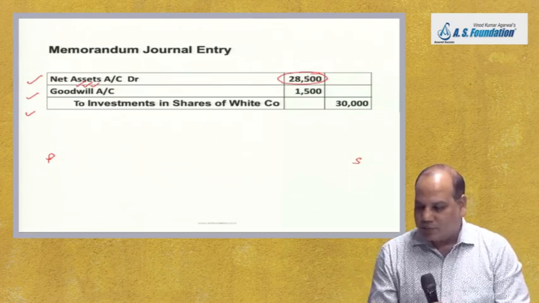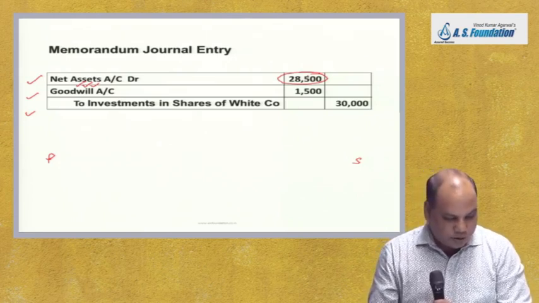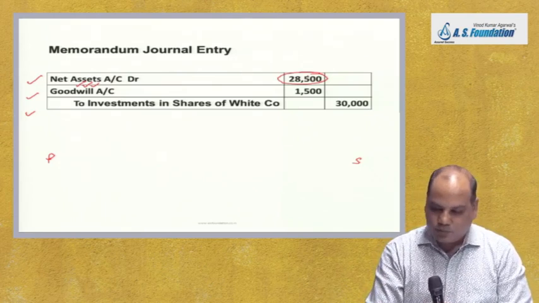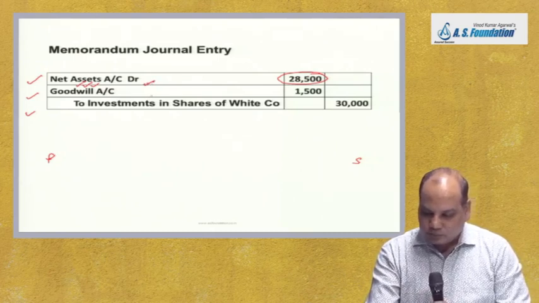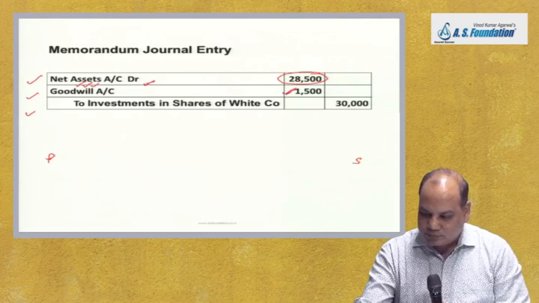So the net asset debit will be 28,500. Which means subsidiary's all assets will come in our books now. Because of this entry, all liabilities will come. Goodwill will come 1,500.